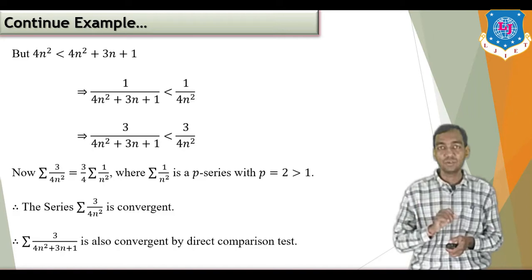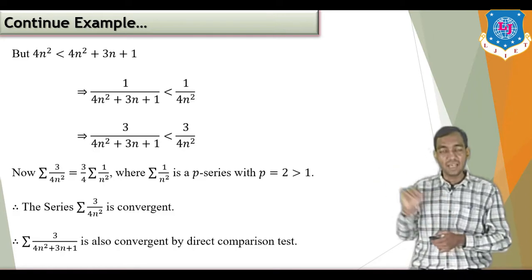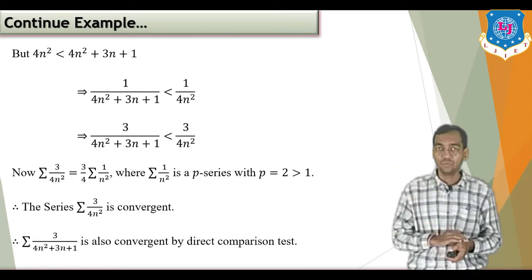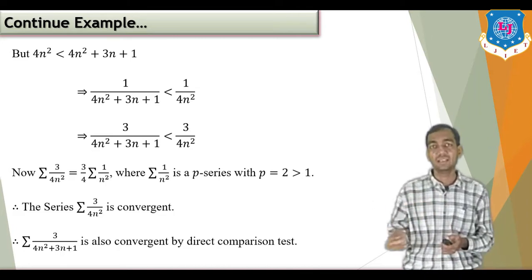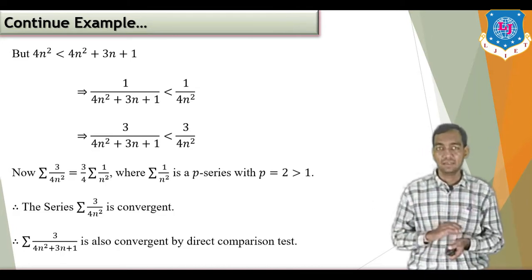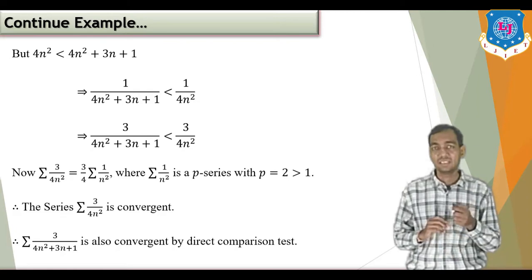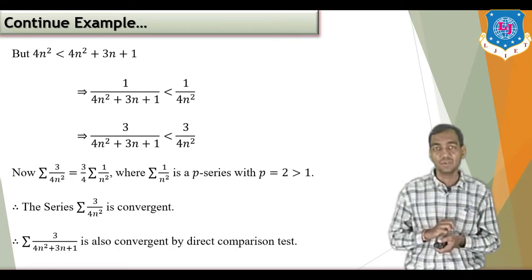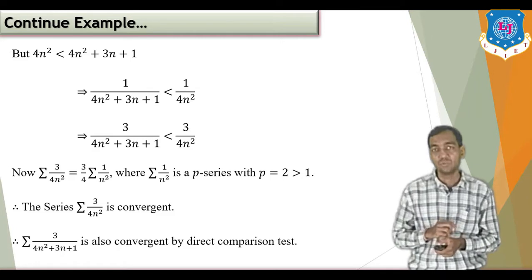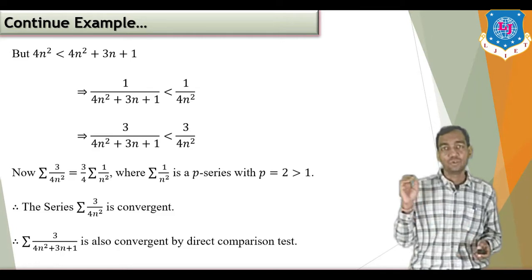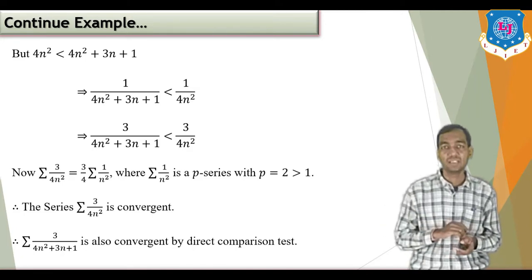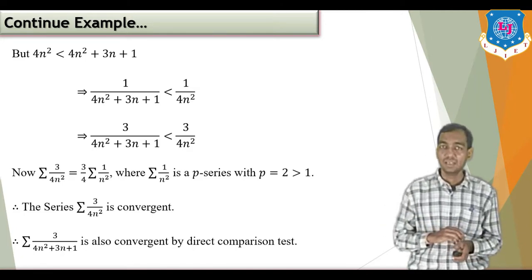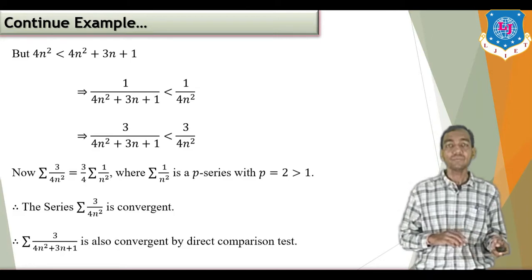So here p is equal to what? 2, because the power of n is 2. That means p is equal to 2, which is greater than 1. And we have already seen that for p greater than 1, this series is convergent. That means your series sigma 3 upon 4n square is convergent. So by the direct comparison test, your original series sigma un, that is sigma 3 upon 4n square plus 3n plus 1, is also convergent.